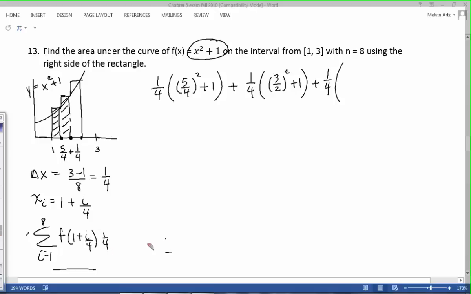So plugging in, now we're at the third rectangle, so we would be plugging in i equals 3. So we would get f of 1 plus 3 over 4. That's the value we're going to plug into our function to get the height of the third rectangle. Now we can see that's 7/4. So we'd have 7/4 squared plus 1. That's the area of this rectangle.